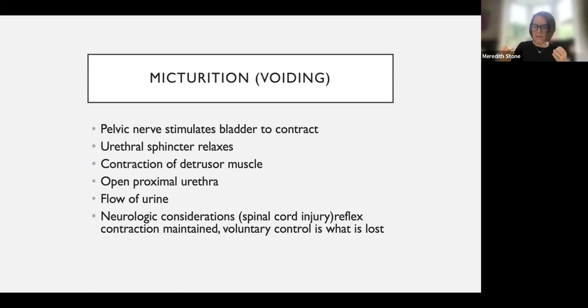The reflex is maintained and the urine comes out. But a lot of times, because there is not that reflex, people with spinal cord injuries may not have the feeling, but you will straight cath them and things like that to get the urine out, because they no longer can voluntarily control it. So they might be incontinent, or they could be straight cathed because they cannot control it, but they obviously are still creating that urine.